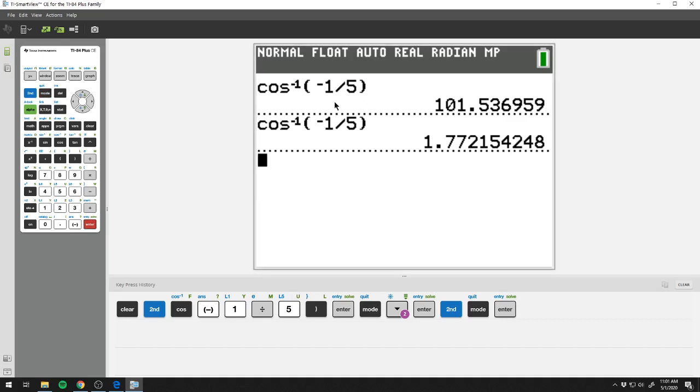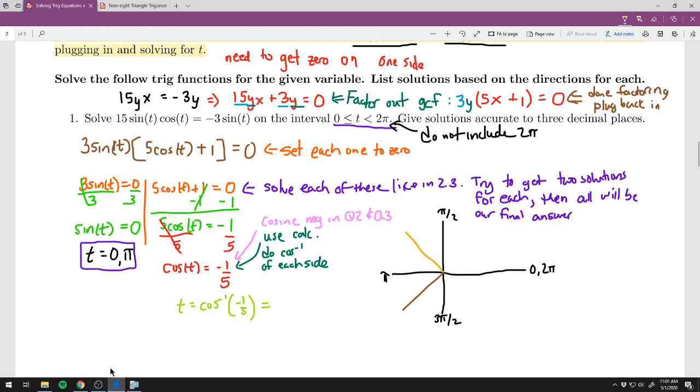So just press enter again, and we get 1.7722. Remember, we're going to use this answer to get our other one, so it's a good idea to round it farther than you need to. But this is our quadrant 2 angle. Right? 1.772 is in quadrant 2, not quadrant 3.